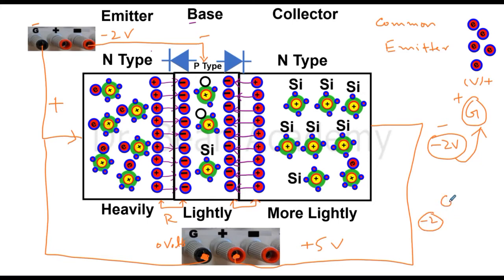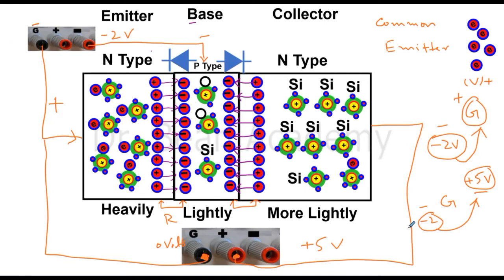Then ground is in the middle, and then the n-type side is at +5 volts. Now how do you think they are? Of course, this is at higher potential, current will flow from negative to +5. So this is the negative terminal, this is the positive terminal.